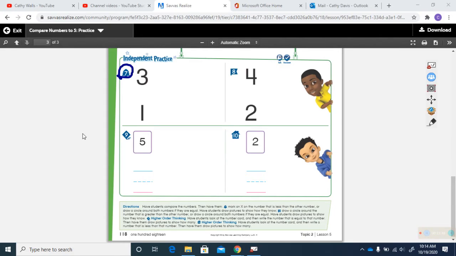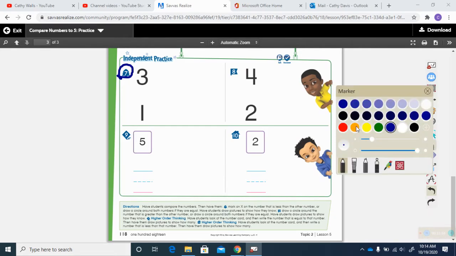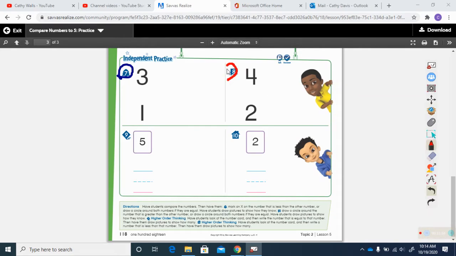Look at number 8. For number 8, we have a 4 and a 2. Now for this one, you're going to tell me which number is greater than the other one and circle it.